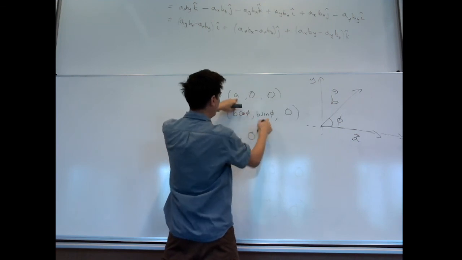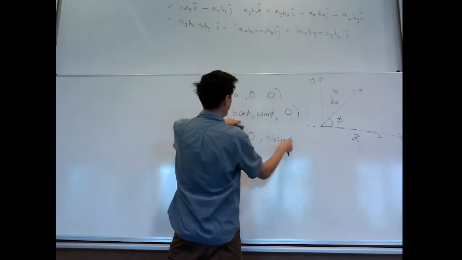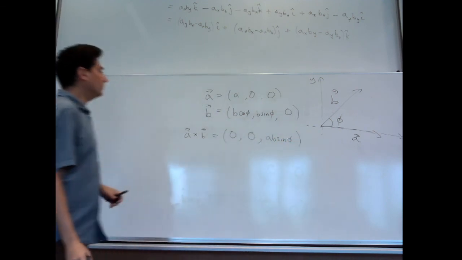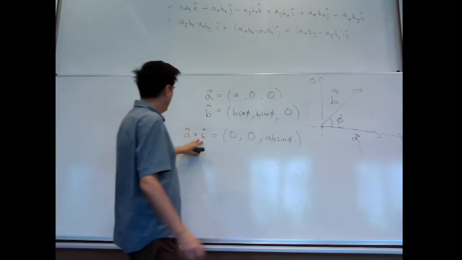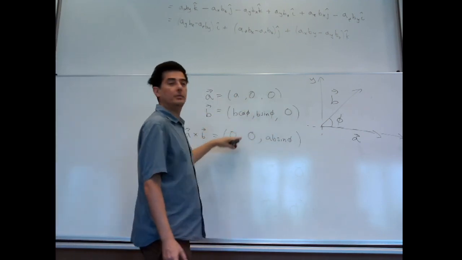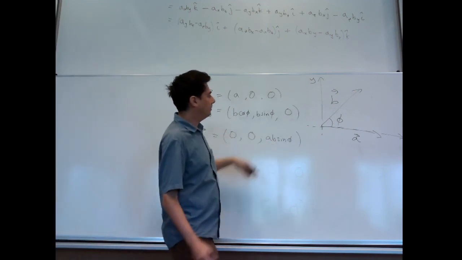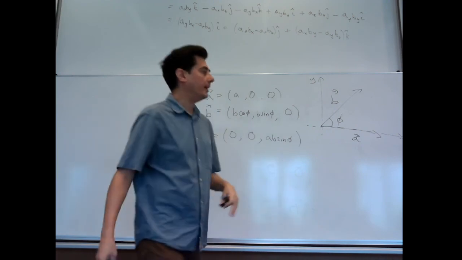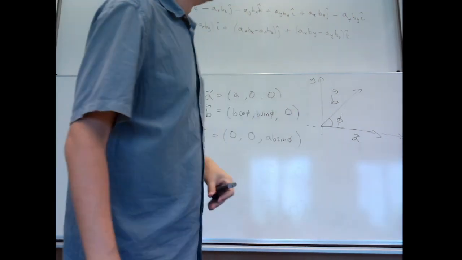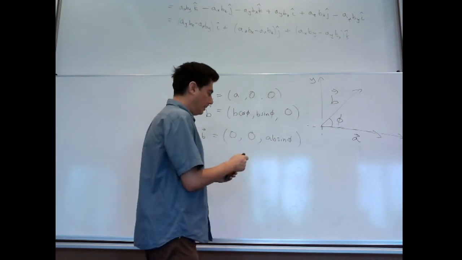So this is AB sine phi, minus 0. And so that is the result of doing this. And then we can see that the magnitude of this vector will be AB sine phi, as we got there. And the direction will be in the z direction.